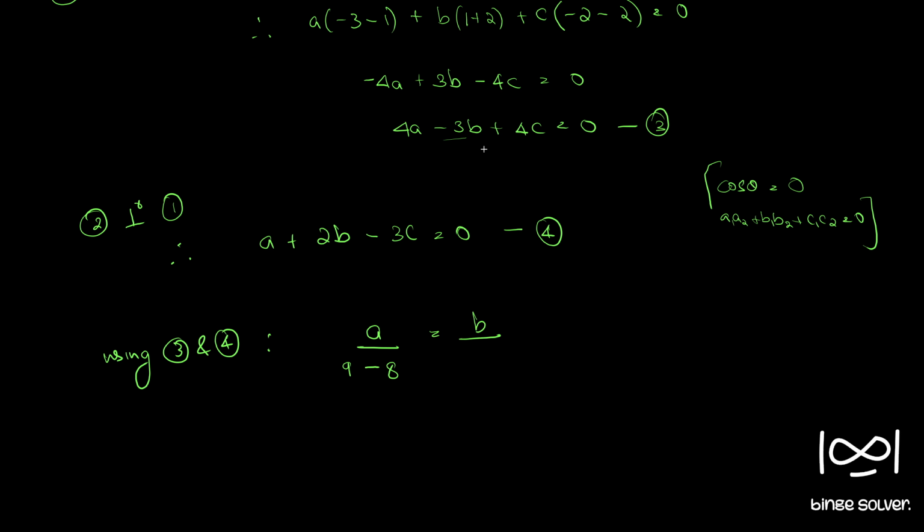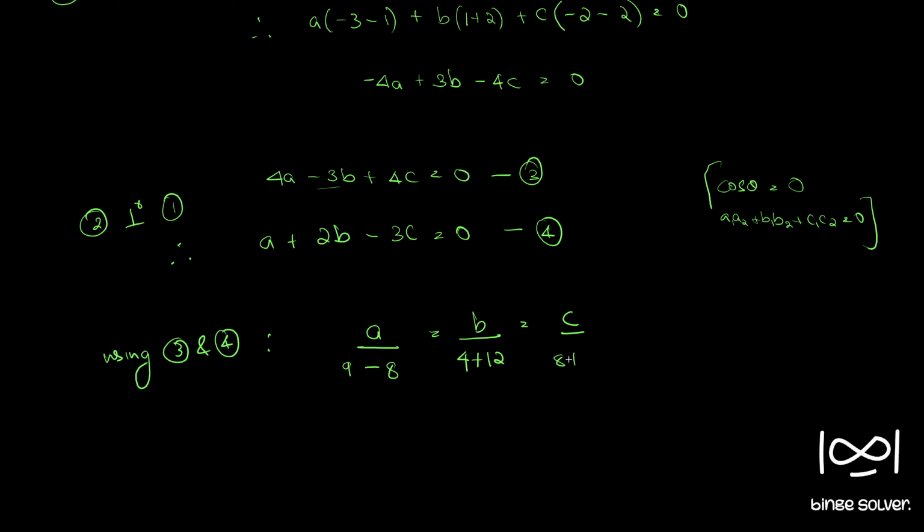Equal to b by 4 into 1, 4, minus 3 into 4, which is -12, so plus 12 is equal to c by 4 into 2, 8, 8 plus 3, 8 plus 3, correct?